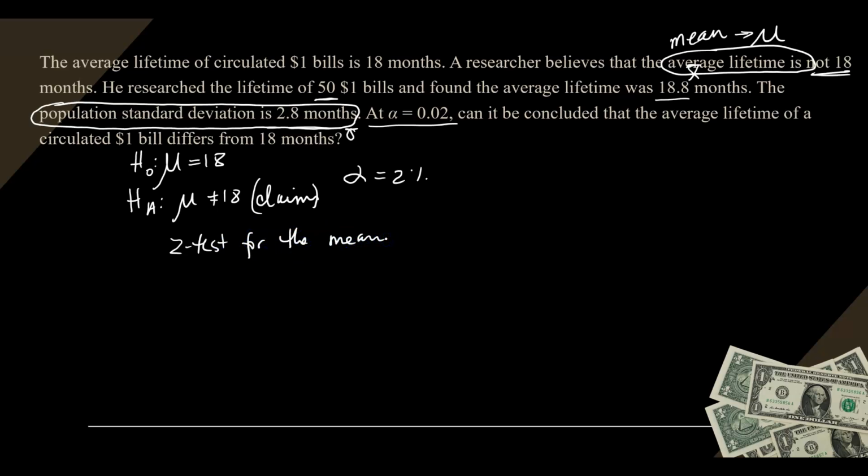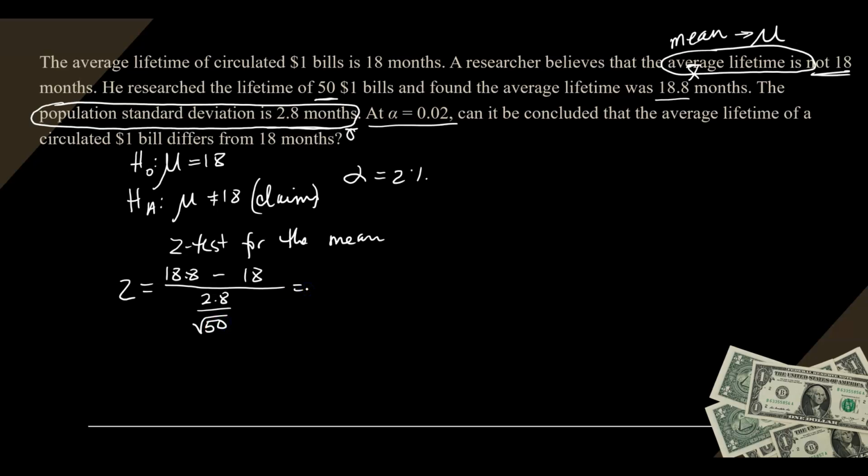Pretty straightforward. You can pause the video here and try to figure out your z-test statistic. Hopefully you got something like this. z is 18.8, which is the observed value, minus 18, which is the hypothesized value, over 2.8, which is the standard deviation given to us, over the square root of 50.